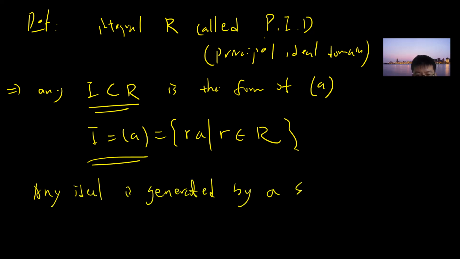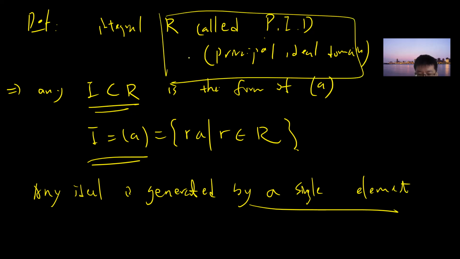If we satisfy all these properties, then this is called a principal ideal domain.